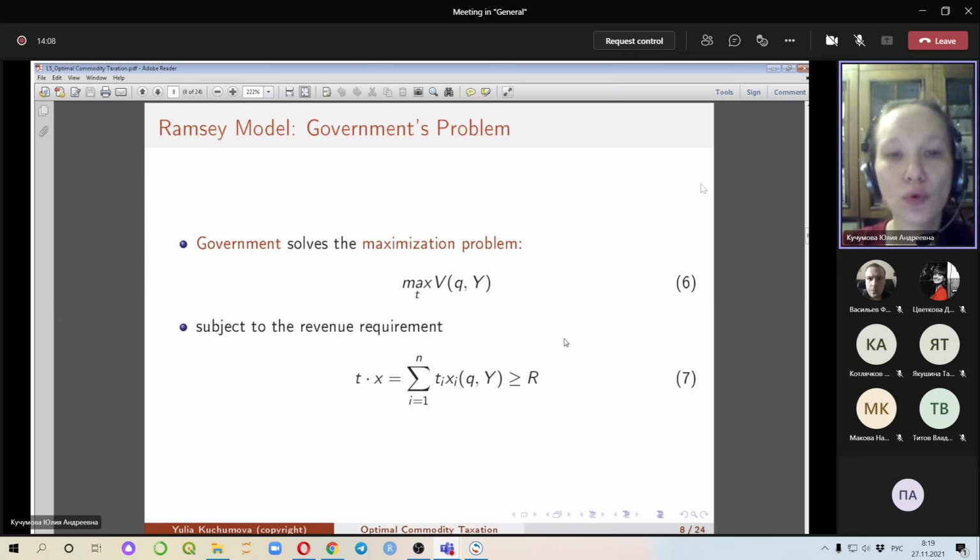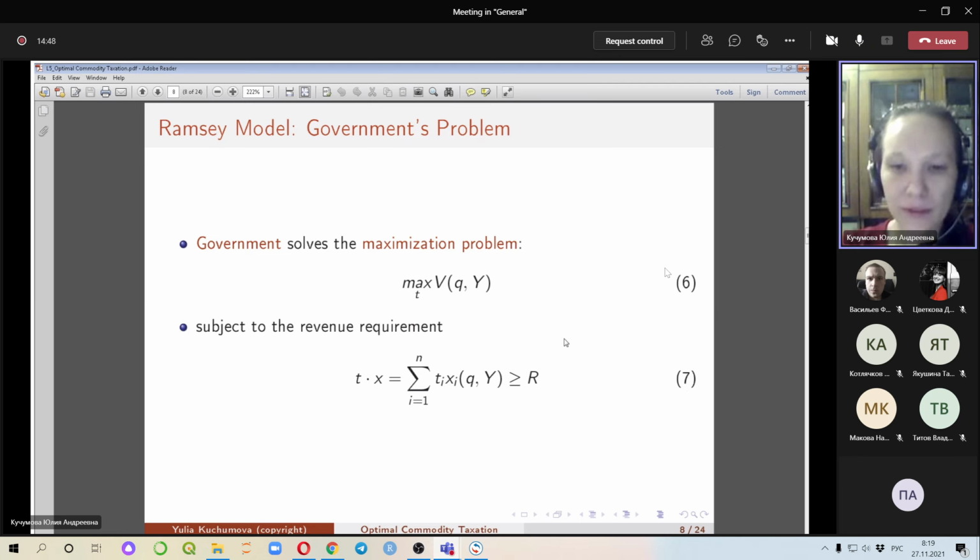The government is subject to the revenue requirement, because the government needs to collect taxes to satisfy some exogenous revenue requirement. So the sum from i equal to 1 to n of TiXi should be greater or equal to R.